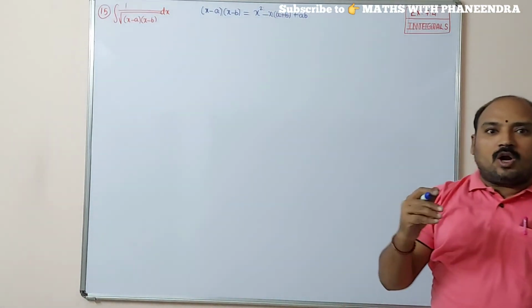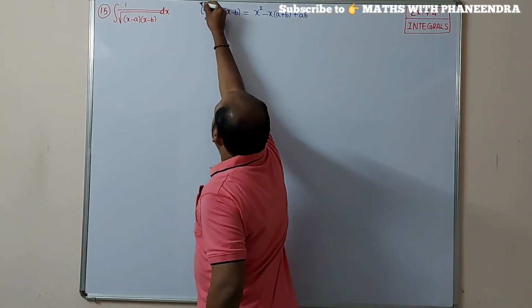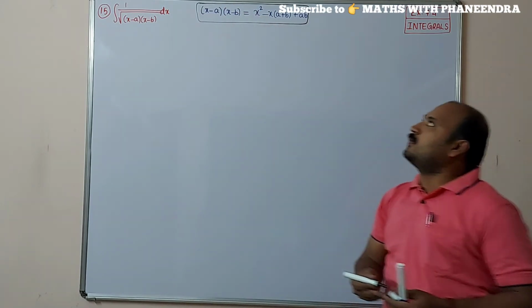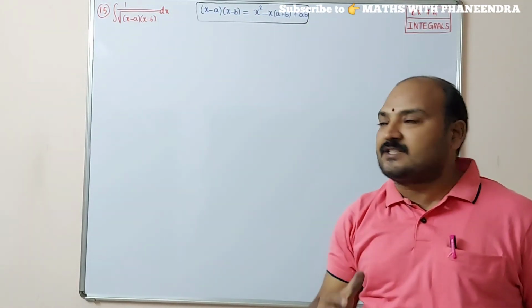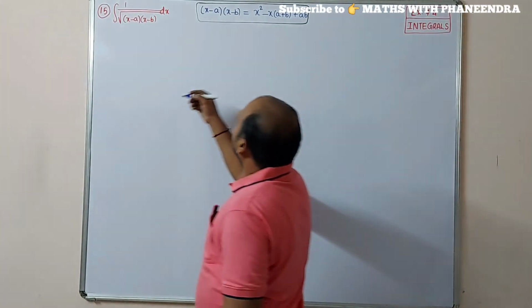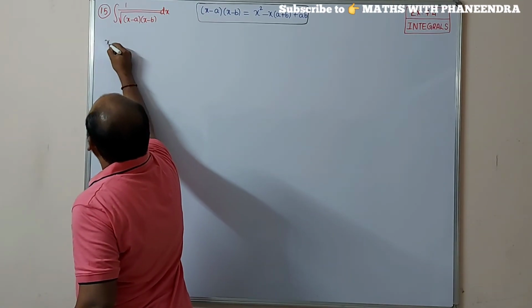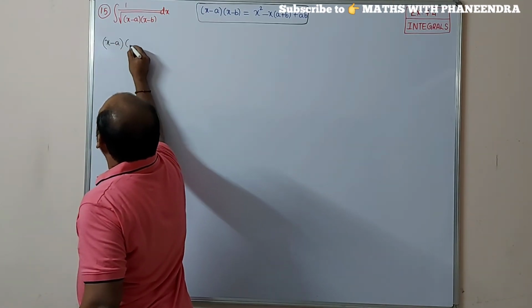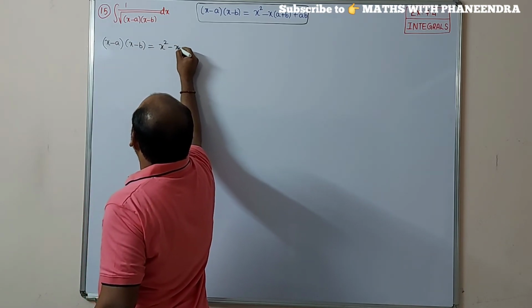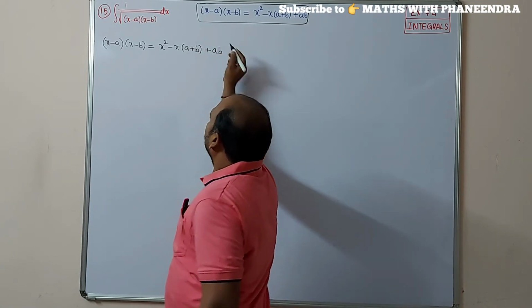So first what we have to do is make the perfect square form. x minus a into x minus b equals x square minus x into a plus b plus ab.